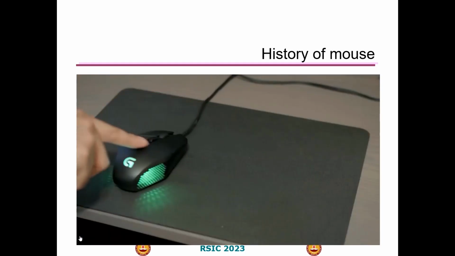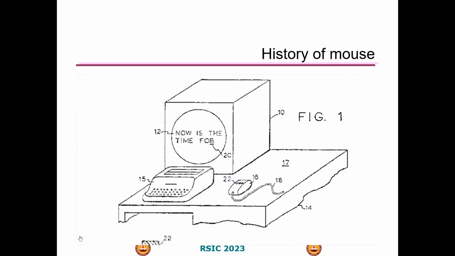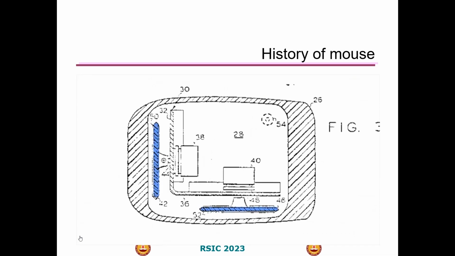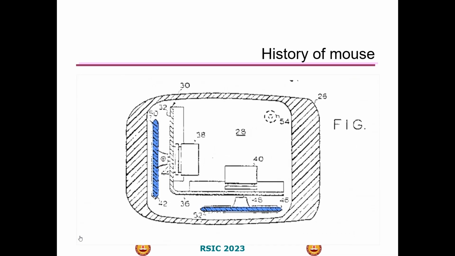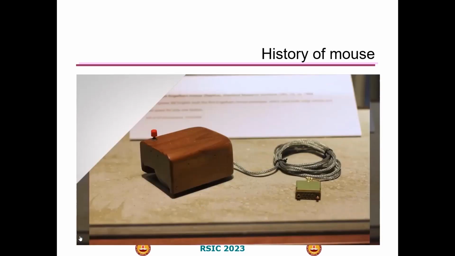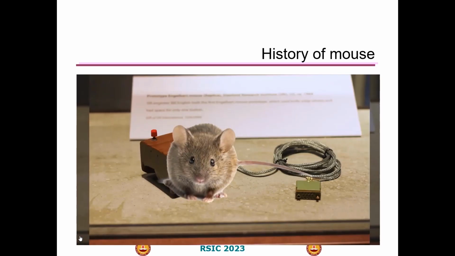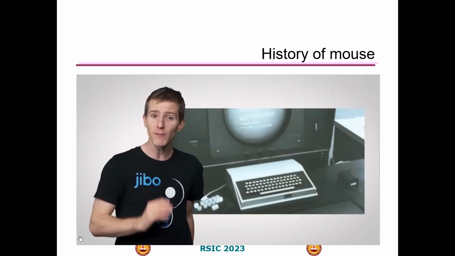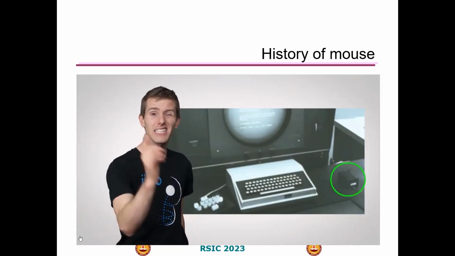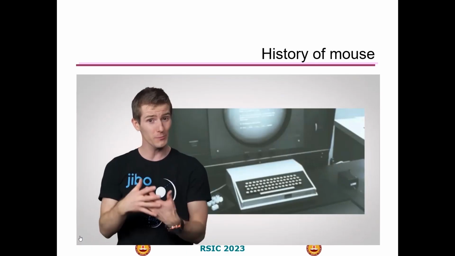Now, unlike modern mice, which have total freedom of movement in one plane, this early mouse only had two pizza cutter-looking wheels that allowed movement up and down or side to side, but not at the same time. The inventors decided to call their creation a mouse because the wire sticking out of the end looked like a rodent's tail, and they used it in conjunction with the NLS, a DARPA-funded computer system that included clickable hyperlinks. Remember, this was nearly 30 years before the internet started becoming widespread.